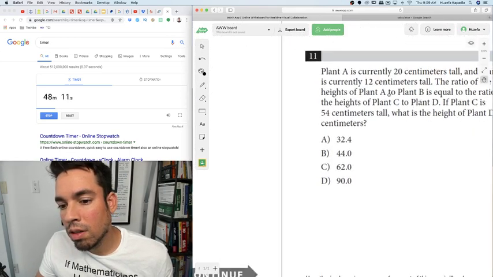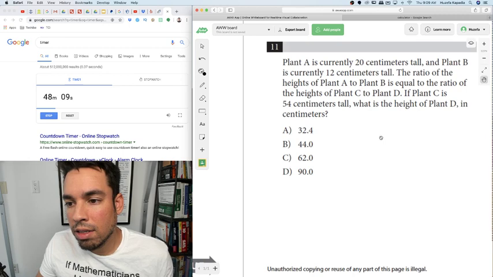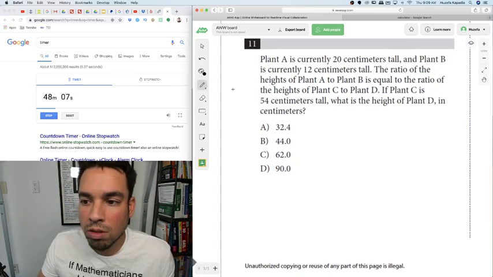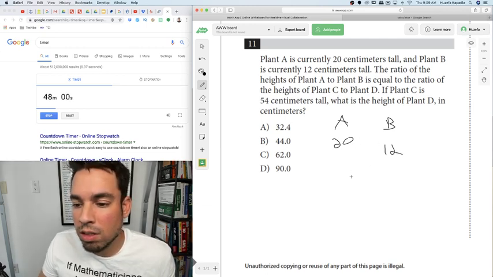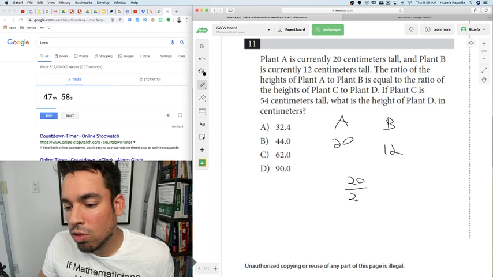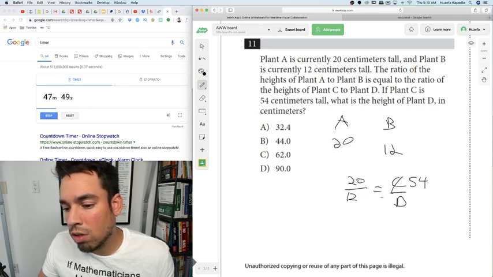Next, plant A is currently 20 centimeters tall. A is 20, B is 12. The ratio of A to B, 20 to 12, is equal to C to D. If plant C is 54 centimeters, what's the height of plant D? I already set it up, and then we cross multiply.